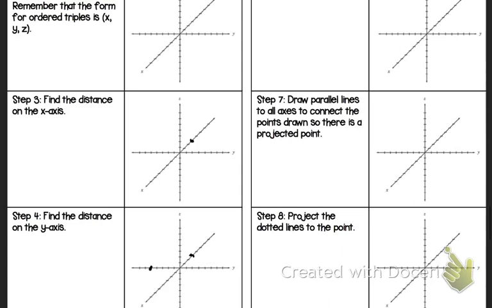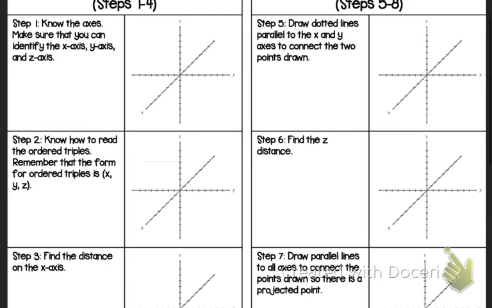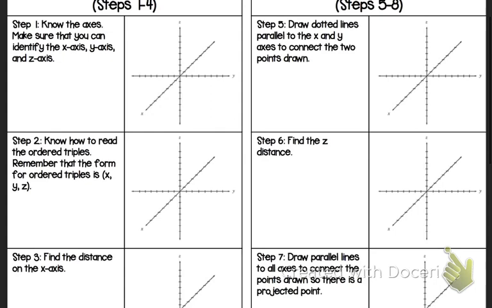Okay, next, up here on the top, is to draw dotted lines parallel to the x and the y axis. So for example, we know that the x is at 3, so that's here. I'm going to draw a dotted parallel line to my y-axis. So like this, it's parallel to the y-axis. Don't worry about where it crosses that z-axis, because really it's just imaginary right now.